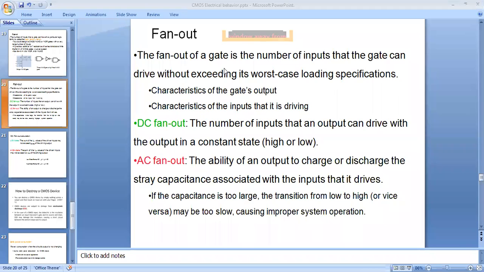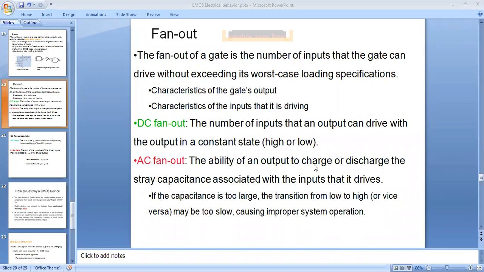Am I audible? Yes, ma'am. Okay. Do you have any doubt in this topic? Regarding AC fan out and DC fan out, do you have any doubt?